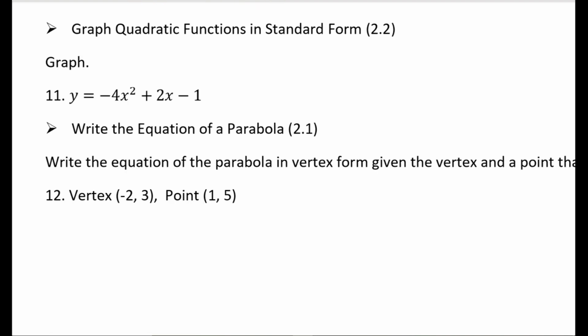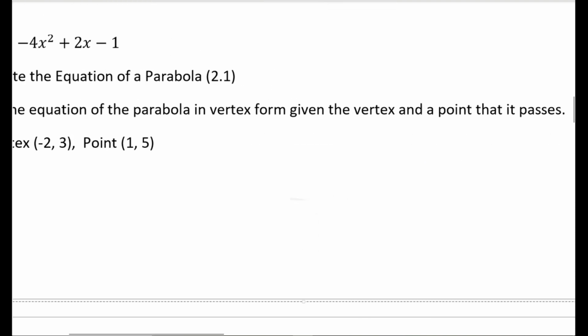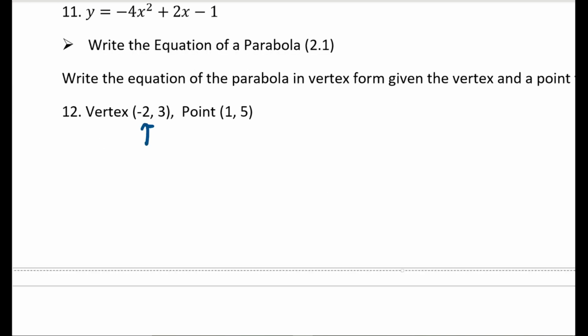All right, so let's go to number 12. Write the equation of the parabola in vertex form, given the vertex and a point that it passes through. So here our vertex, remember, is given by h, k, so we were given h and k.